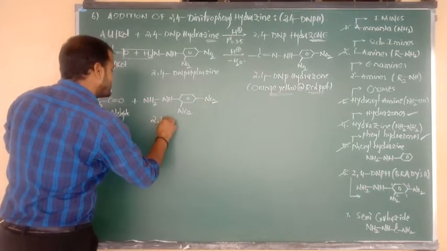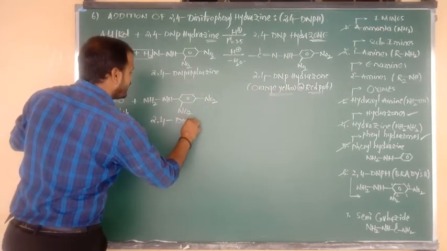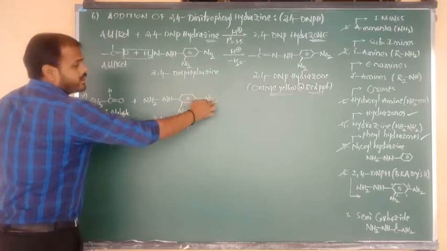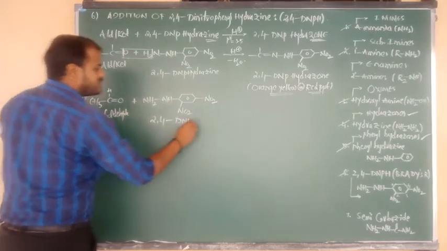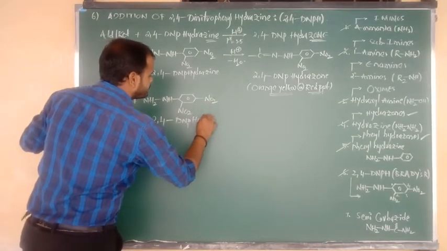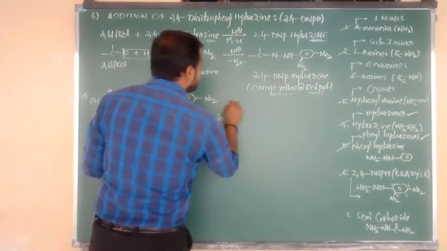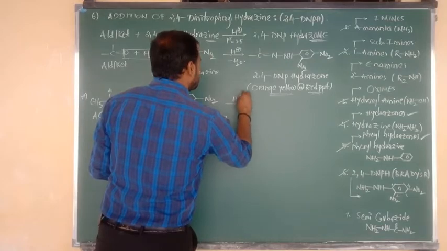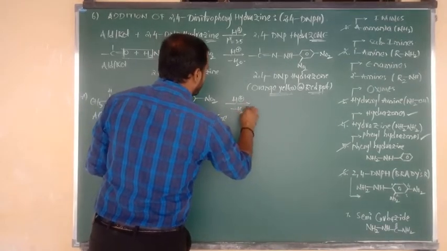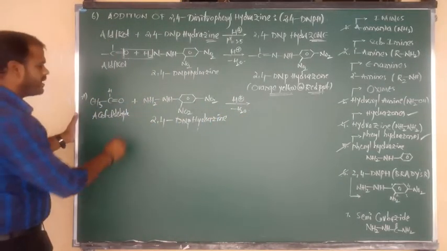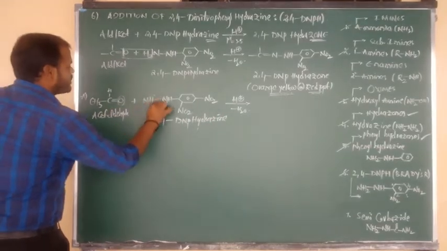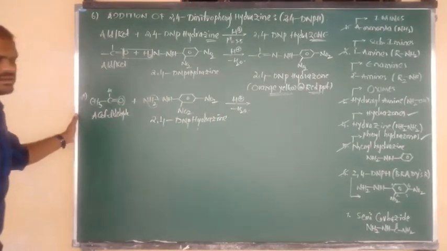What is the name of this reagent? 2,4-dinitrophenylhydrazine. Again the same thing. Addition of hydrazine takes place in acidic medium, again after elimination of a water molecule. From here oxygen, from here H2, we eliminate the water molecule.